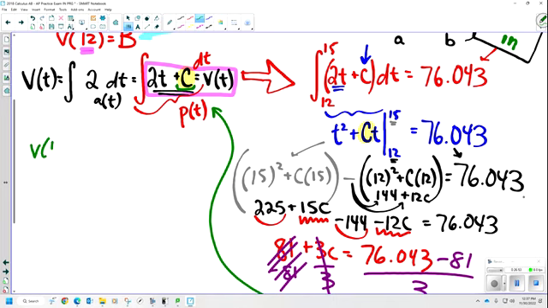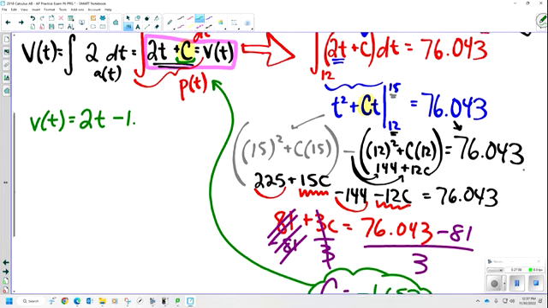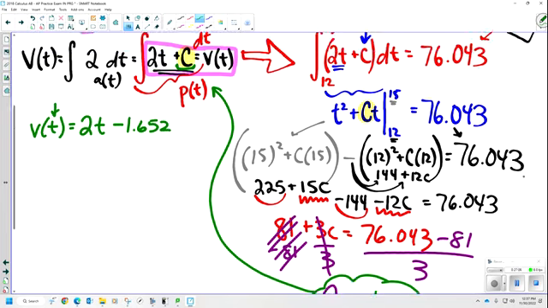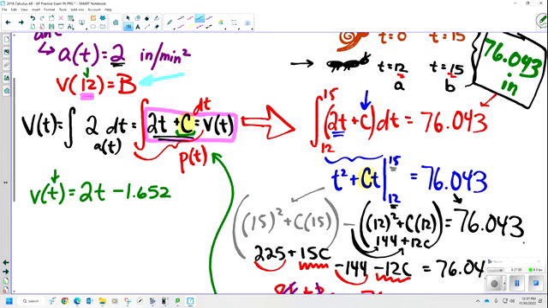So velocity equals 2t minus 1.652. They want this time to be 12, and they want to know what it equals.